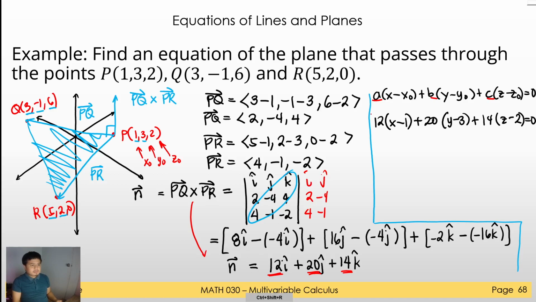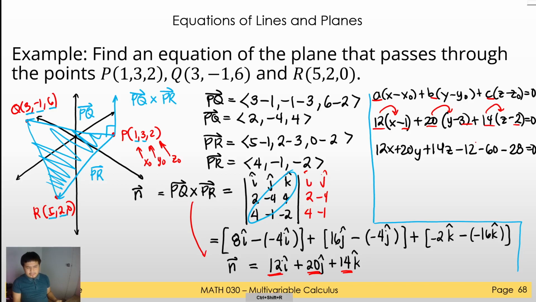You can just box this one, but you have to simplify it. So we have 12x, plus 20y, and then plus 14z. Let's multiply the constants here: minus 12, minus 60, minus 28.